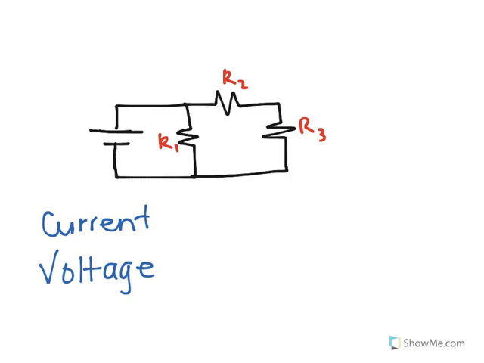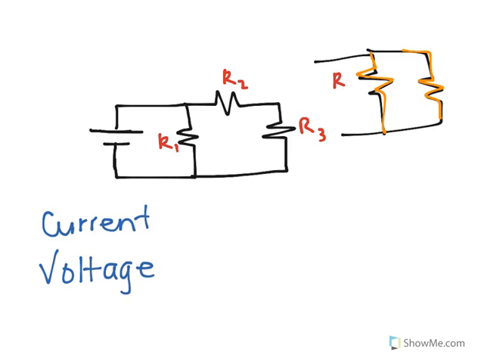Now that means that two resistors that are in parallel, let me just draw a second circuit here just to visualize, they may have different currents. If this resistor and that resistor have the same voltage across them, but they have different resistances, R1 and R2, they will have different currents flowing through them.